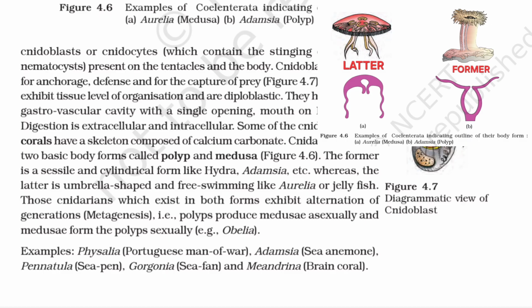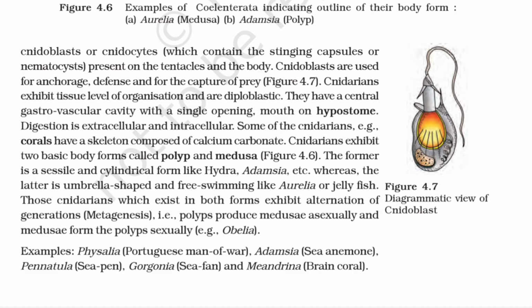The former is a sessile and cylindrical form like Hydra, Adamsia, etc., whereas the latter is umbrella shaped and free swimming like Aurelia or jellyfish. Those cnidarians which exist in both forms exhibit alternation of generation, also known as metagenesis, that is, polyps produce medusa asexually and medusa form the polyps sexually.